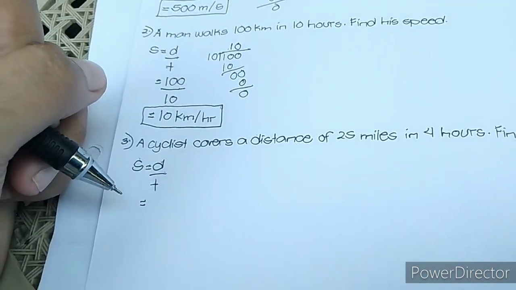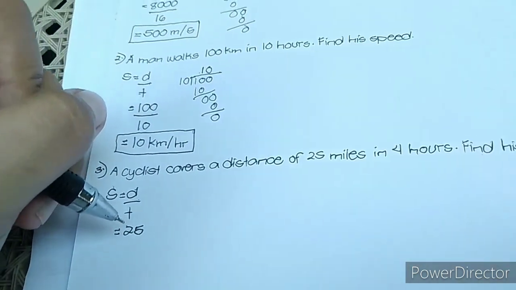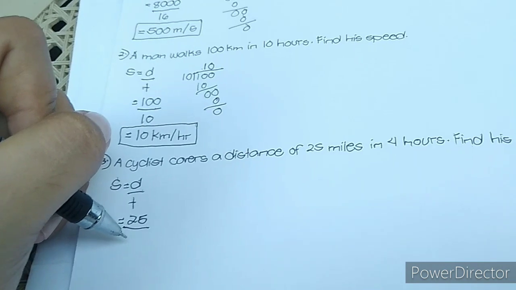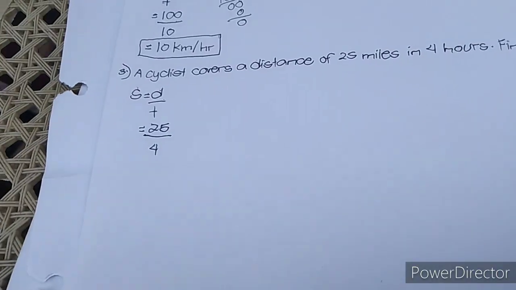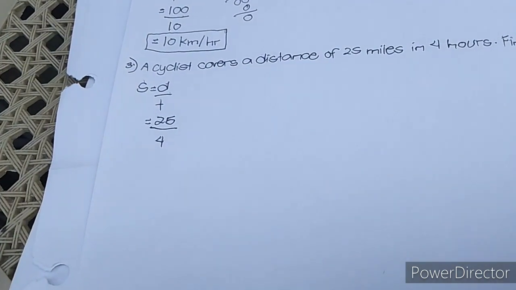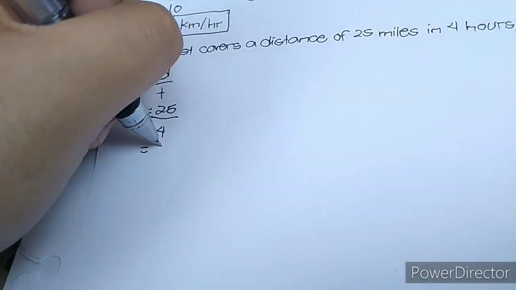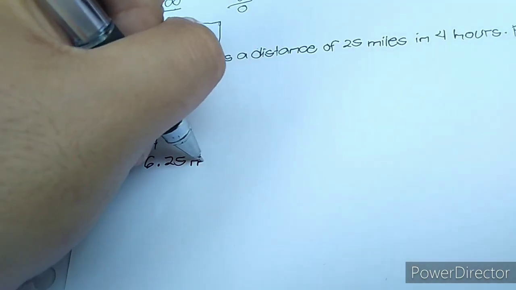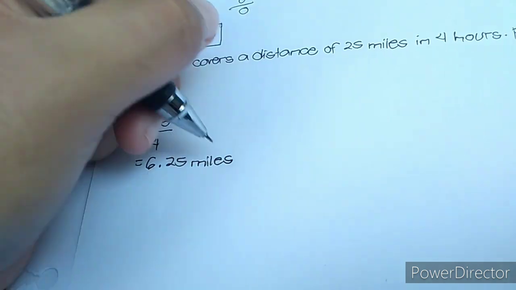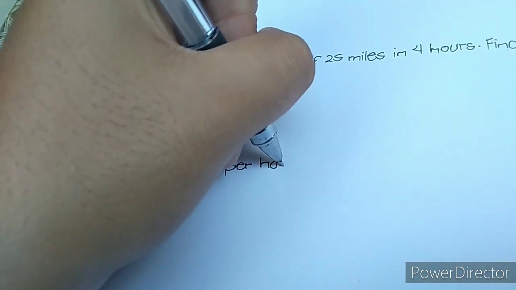The distance is 25 miles divided by 4 hours. 25 divided by 4 equals 6.25 miles per hour.